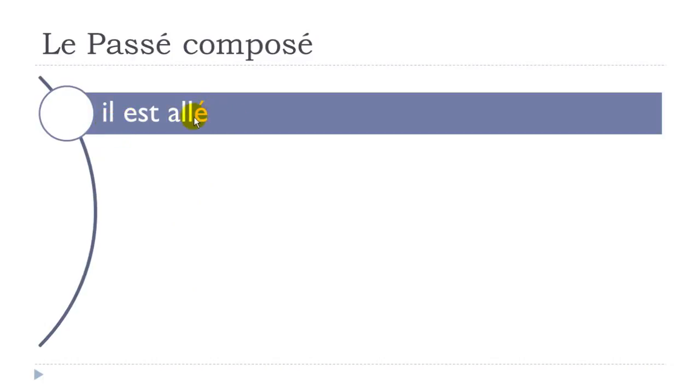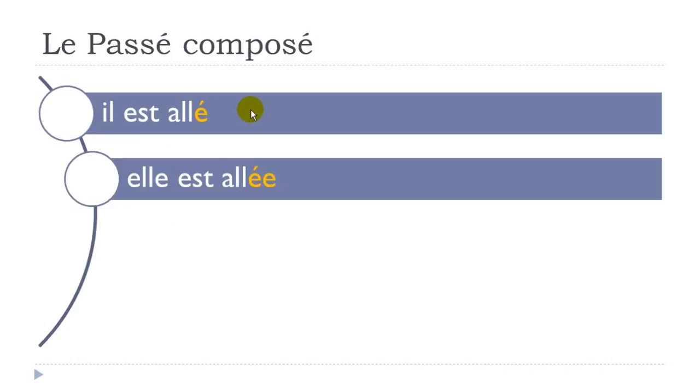So you can see that aller goes like that without anything after, but if you look at the feminine form, elle est allée. So you can see that the difference between the two is that I've been adding this little e at the end. So this is the thing that you will have to remember if you construct this passé composé form with être.